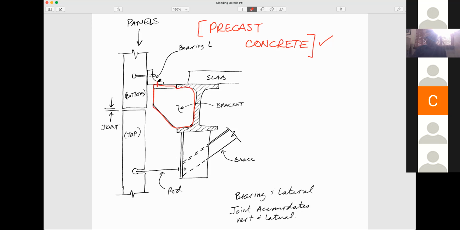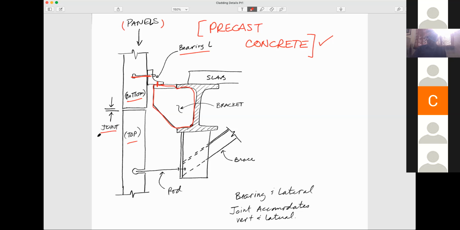From it, that's where we would end up with welded connections here. Something dowels into the, this is the gravity, the bearing L. This is what's holding that panel above. So this is the bottom of one of the panels, and this would be the top.